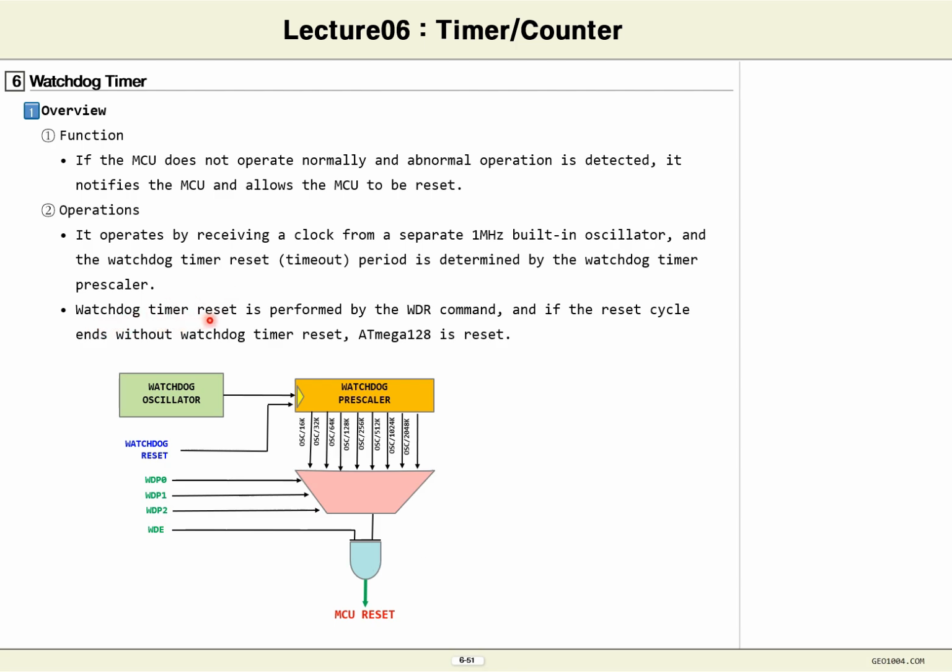The watchdog timer can be reset by the WDR command. If the reset cycle ends without resetting the watchdog timer, the ATmega128 is reset. If you look at the diagram of the watchdog timer, it is as follows.